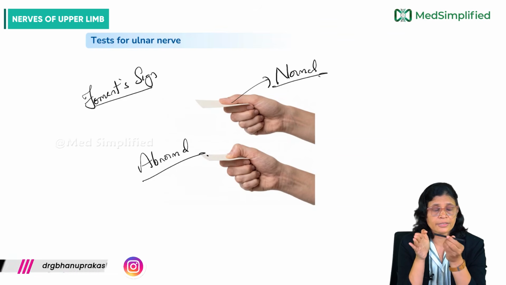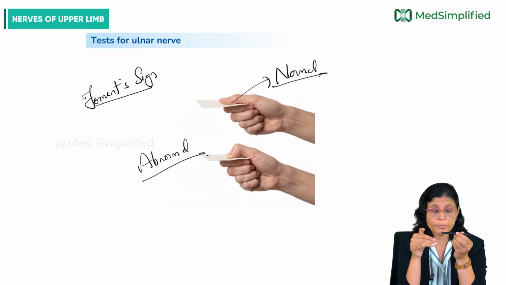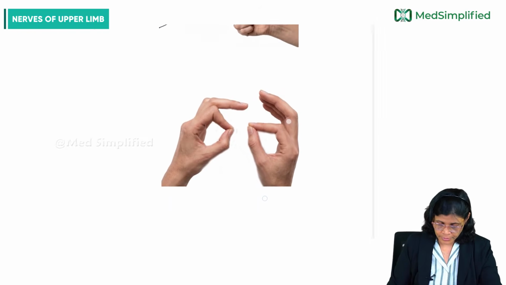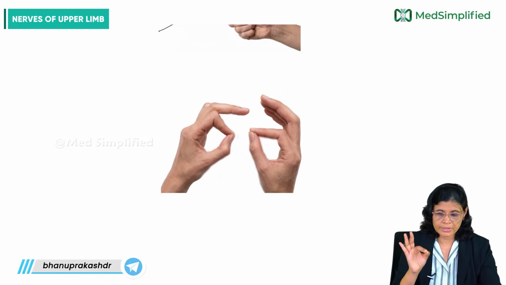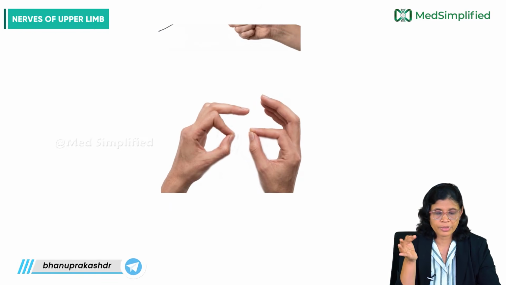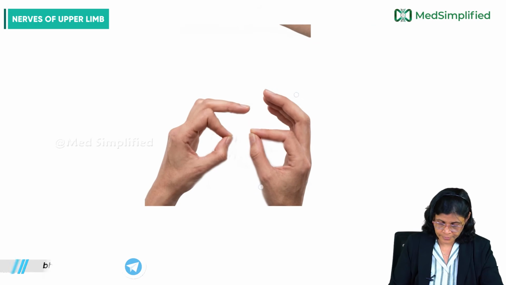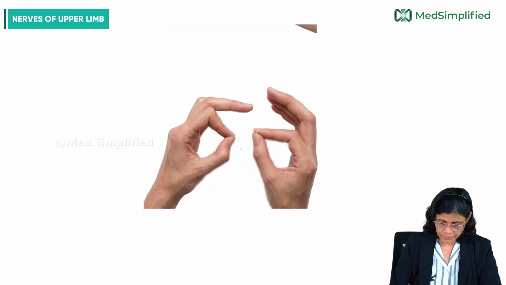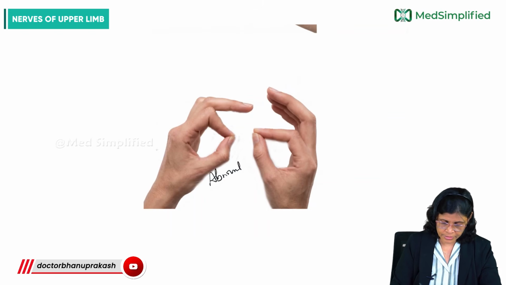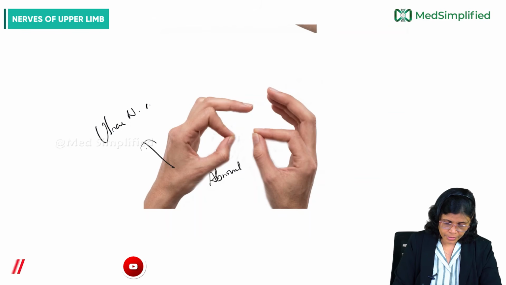So that is the positive Froment's sign. So here also when we have to do the pincer like this, we need to bring about the adduction. So that is again lost. You can see here the normal and the abnormal. In the normal, this thumb will be straight, there won't be flexion here. This is abnormal. And the ulnar nerve is injured.